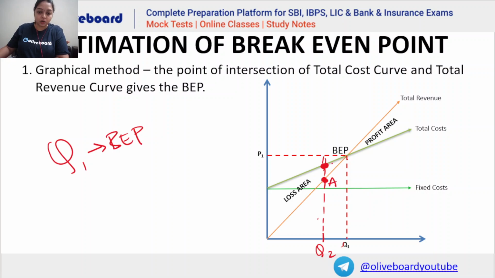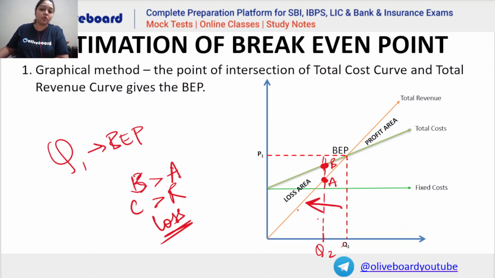Let us say point A, point B. Can you see that point B is greater than point A? That is, cost is greater than revenue. If cost is greater than revenue, what does it mean? It is a loss area. So anything below this break even quantity is going to give you loss.